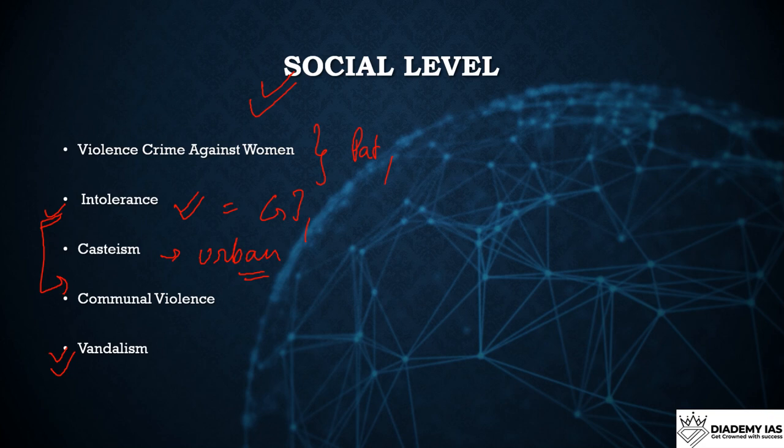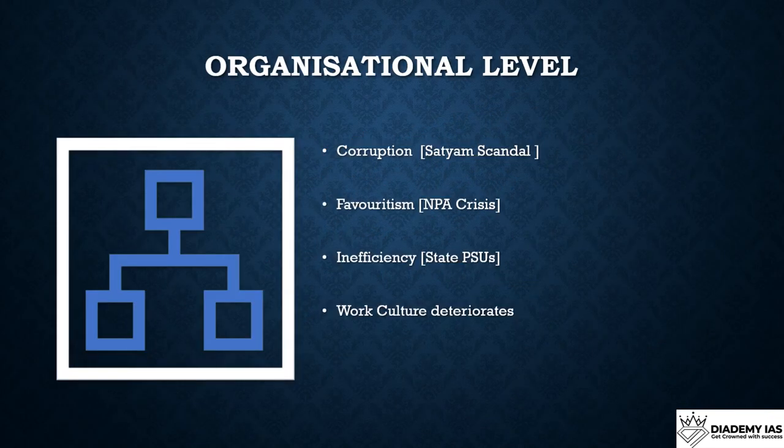You cannot destroy something which is not yours. You can protest. Even fundamental rights, like freedom of expression, are always subjected to limits. Fundamental rights are not absolute; they are subjected to public order and decency, right? So vandalism at the society level is one of the repercussions of not following ethics.